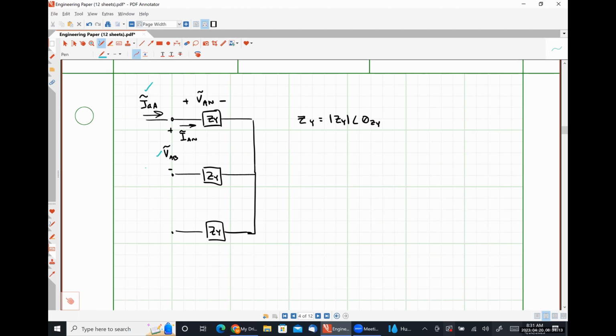So ZY, by definition, is VAN over IAN, right? So from this, the angle of ZY is just the angle of VAN minus the angle of IAN.